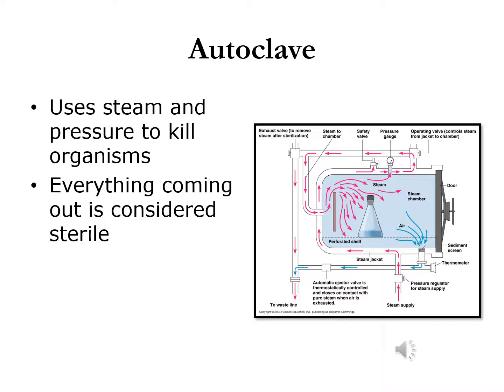So something coming out of an autoclave is sterile. Basically, a steam autoclave is a pressure cooker that uses steam under pressure as the sterilizing agent. The increase in pressure allows steam to reach a higher temperature and achieve better penetration of the items.